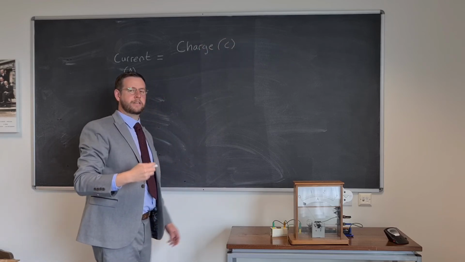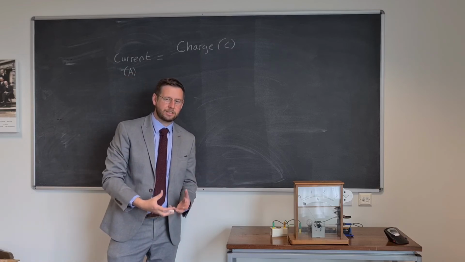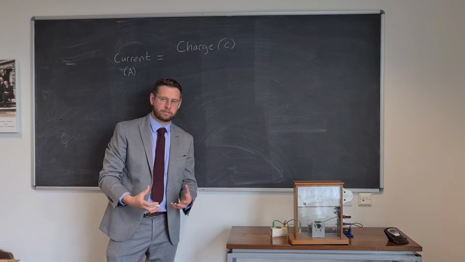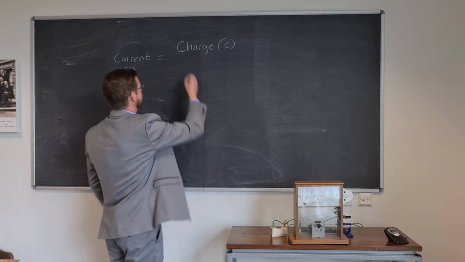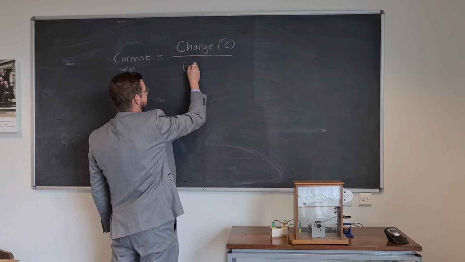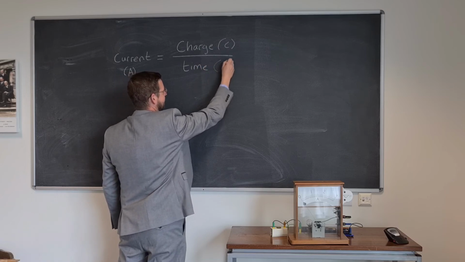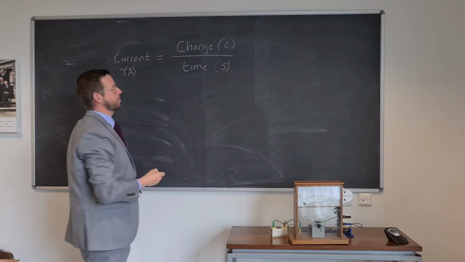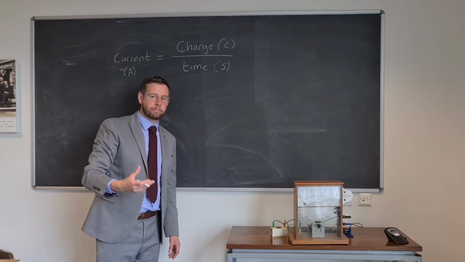And remember that what a coulomb represents is like a beaker full of electrons. It's just a very large number of electrons of a scale that we can count. And we would divide it by the time, and we would measure that in seconds. You can see that what an amp could stand for is a coulomb per second.